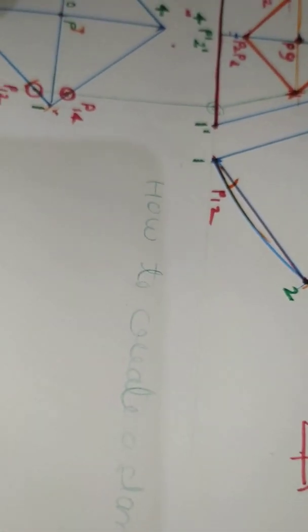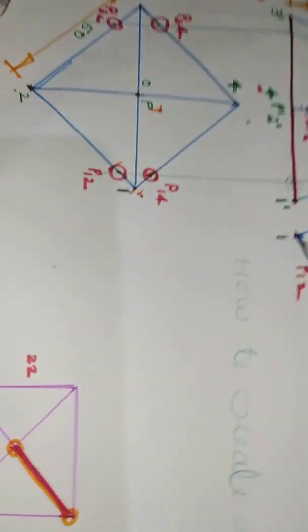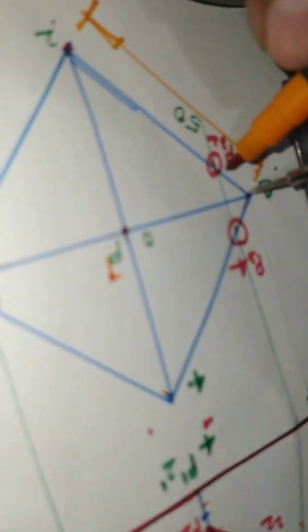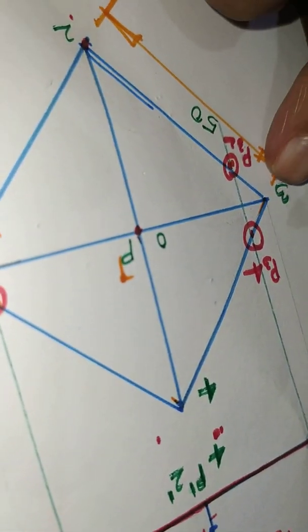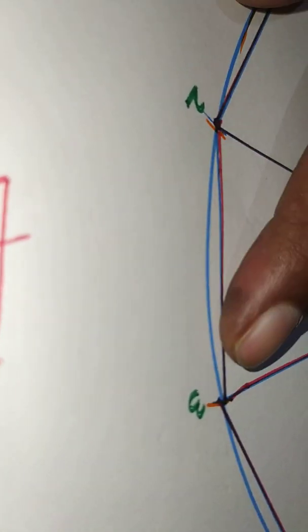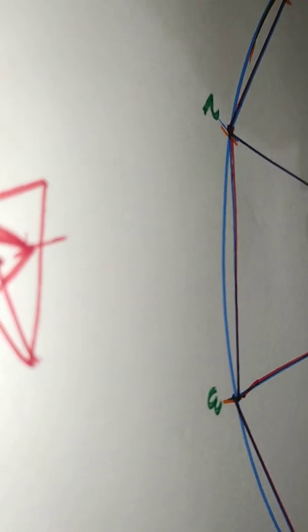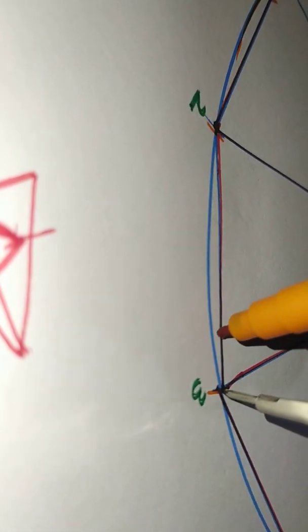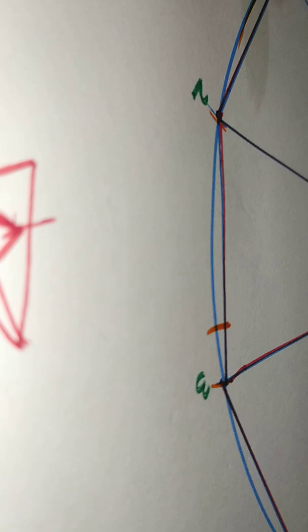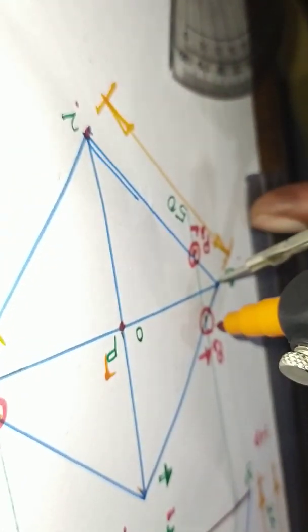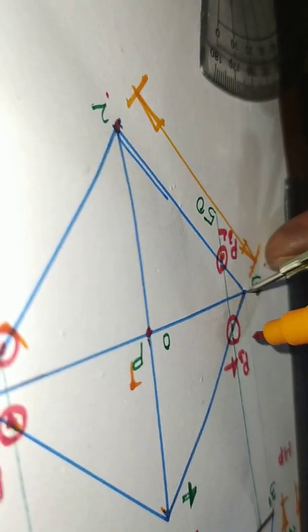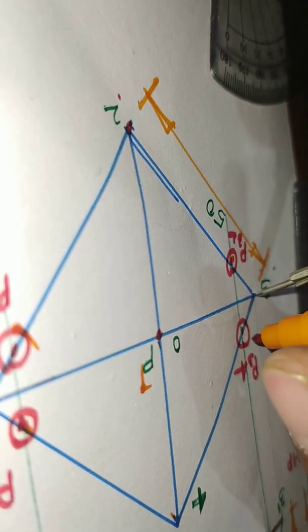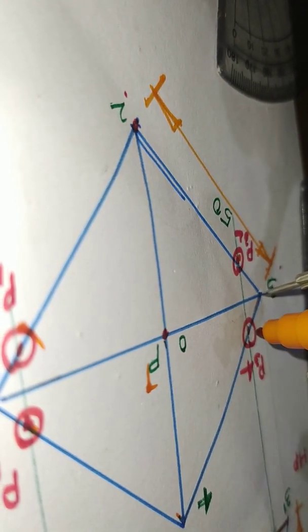Now, metallic pointer on point 3, base edge 2-3. I will name this point P32. Again, metallic pointer on point 3, base edge 3-4, distance 3 to P34.